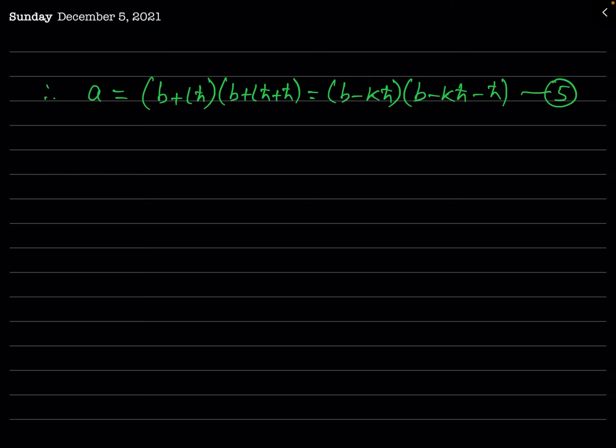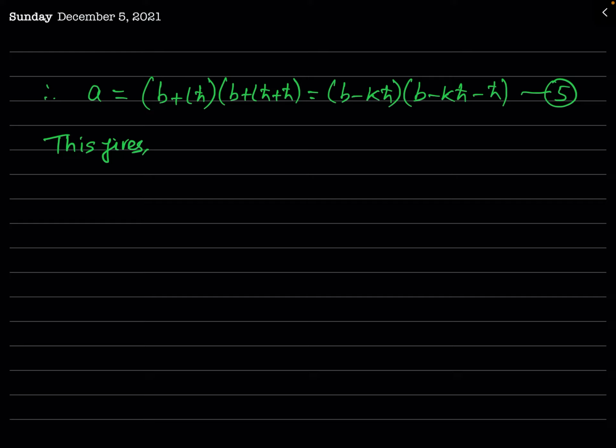Actually, when you simplify this equation 5, then you can get the value of b. I am not doing the algebra, you can try yourself. This is just elementary mathematics, so I am not doing that.